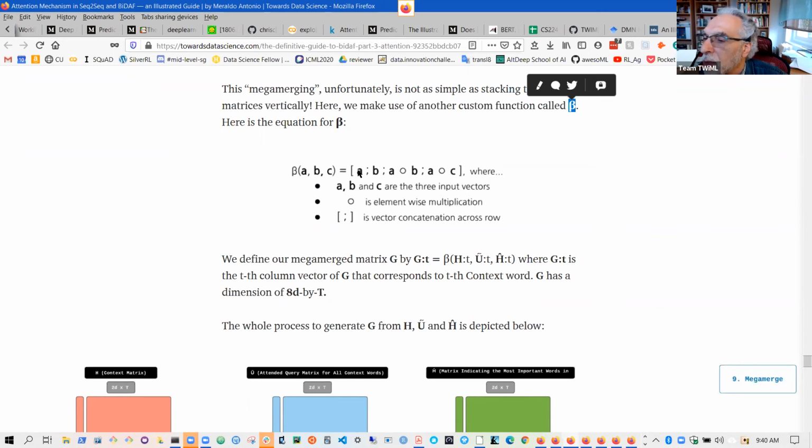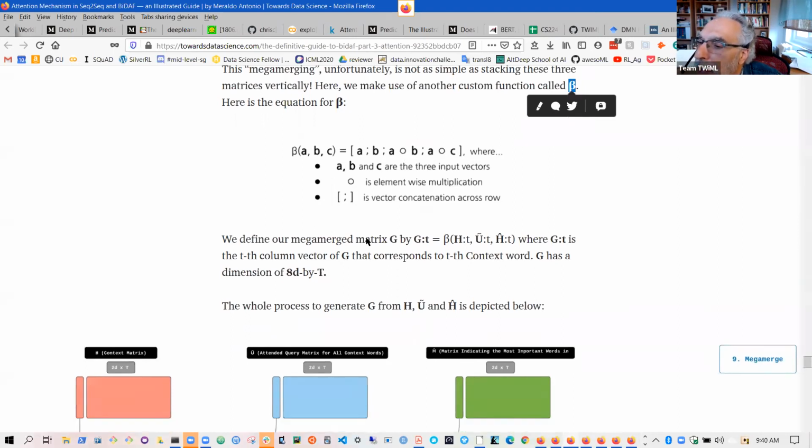We have the original vectors, this is the context word, and the query to context object that we calculated, and this is the context to query object, and this is a Hadamard product.